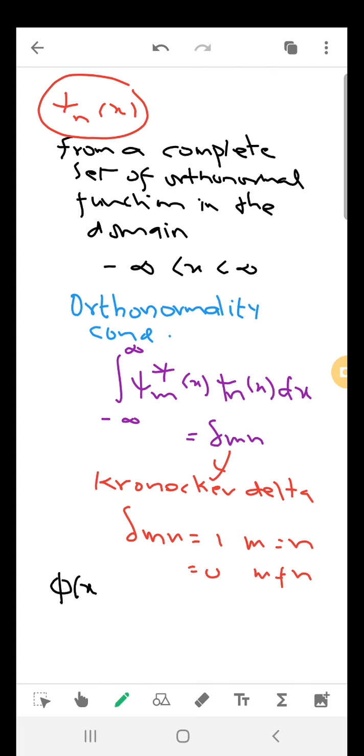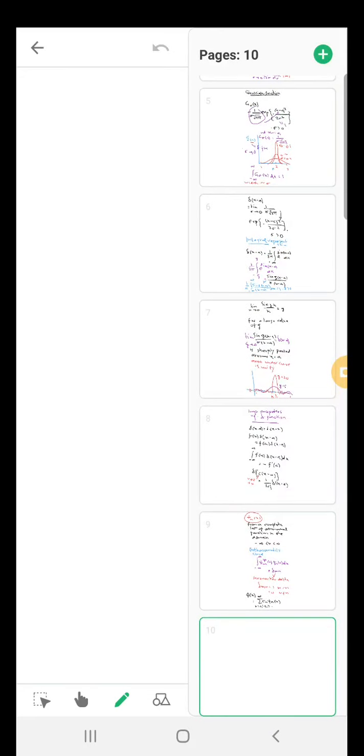A well-defined function phi x can be written in terms of psi n x as the sum over n is equal to 0, 1, 2, 3 to infinity of Cn psi n x.